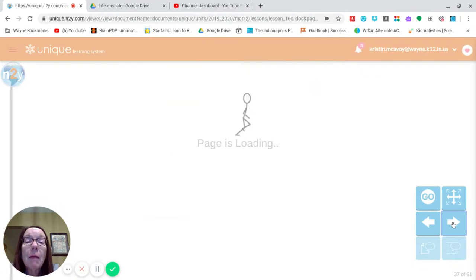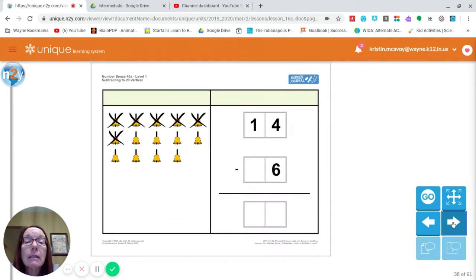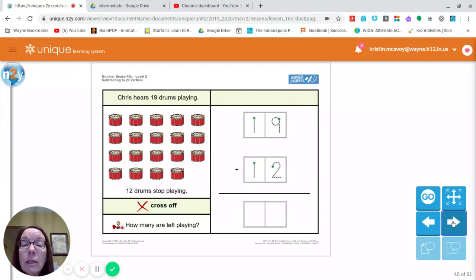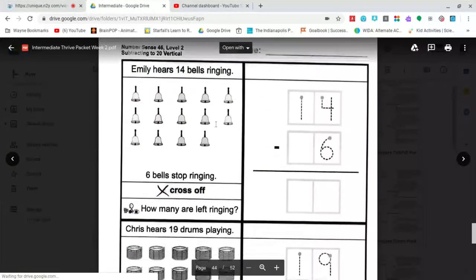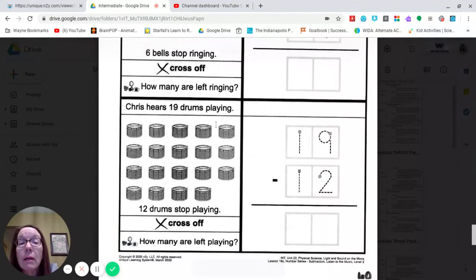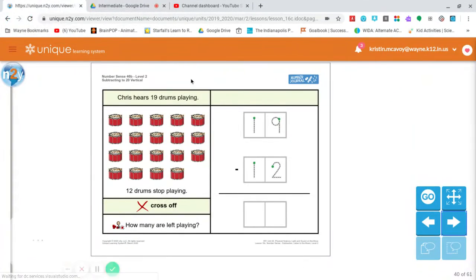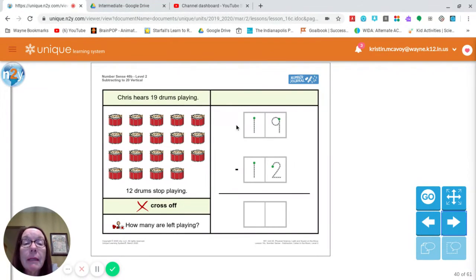Now, let's go to the problem with the drums. Here we are. Yours looks like this, except it actually is a little bit smaller on this paper. So, at the beginning of the problem at the top, we're doing vertical subtraction. It says, Chris hears 19 drums playing.